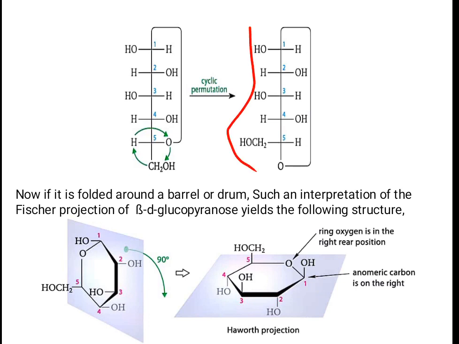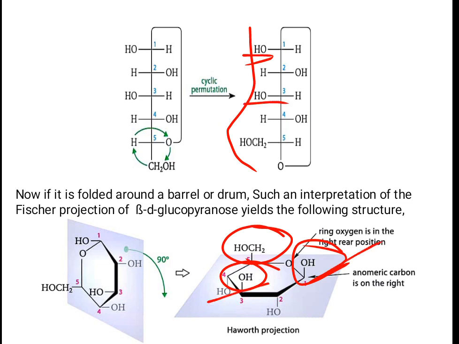If these are on the left, these will be in the up position of this Haworth projection. You can see the first OH is on the left, then the third OH is on the left, here the third OH is also on the upper side, and here CH2OH is on the left, so CH2OH is also in the upper side.